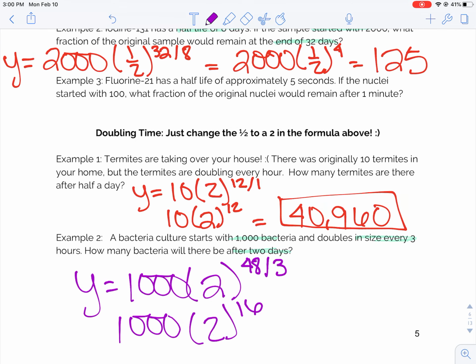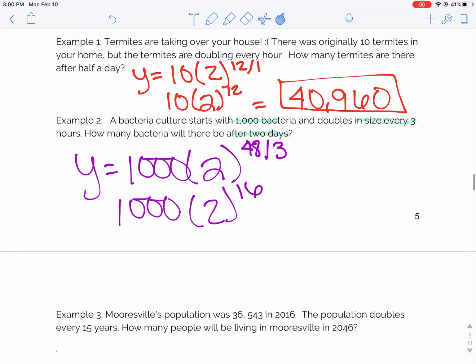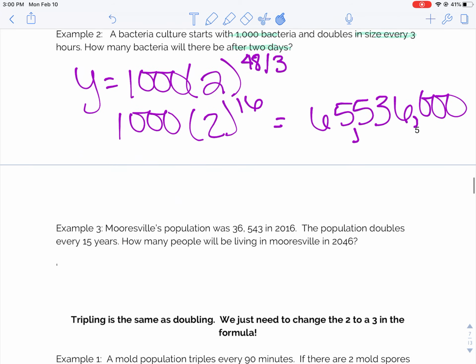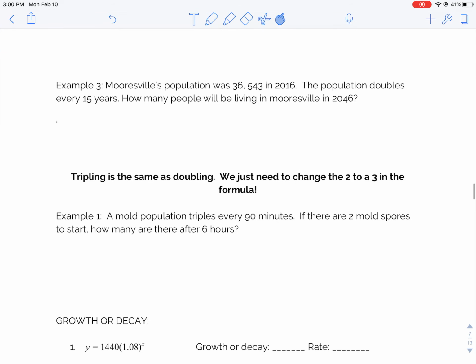Okay, so if I plug that into my calculator, I get 65,536,000.